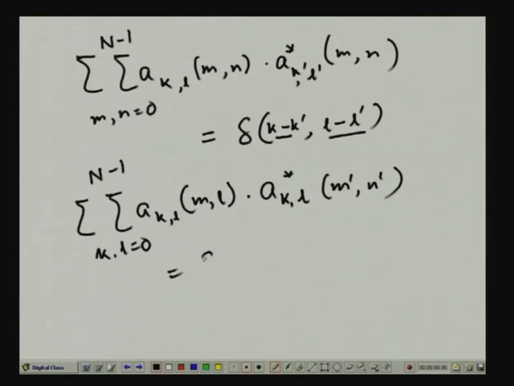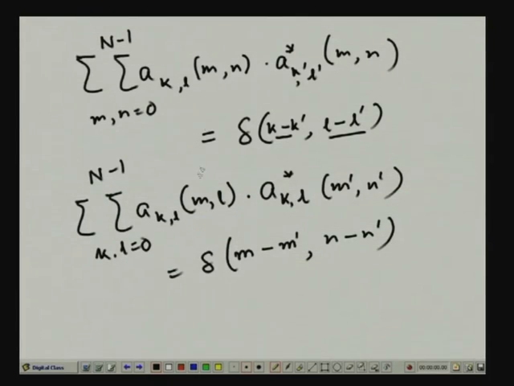This will be equal to Kronecker delta function m minus m dash and n minus n dash. So, it says that this summation will be equal to 1 whenever m is equal to m dash and n is equal to n dash.